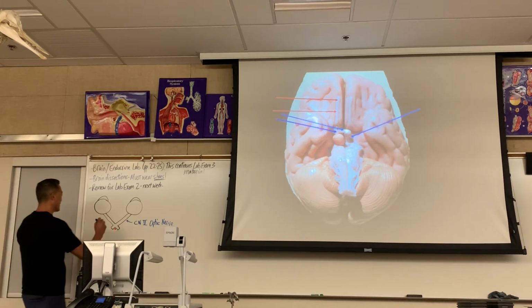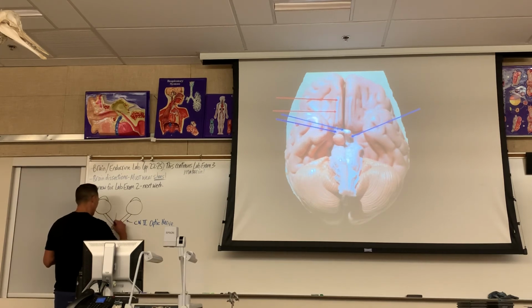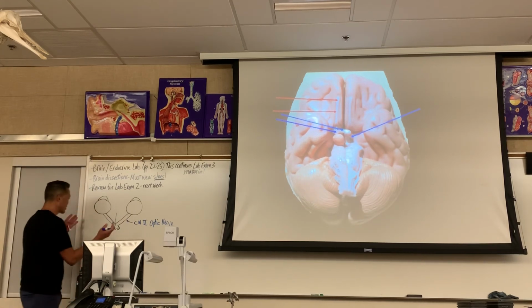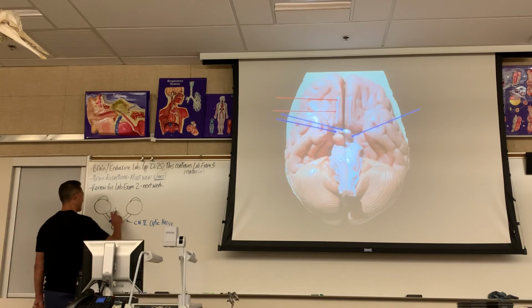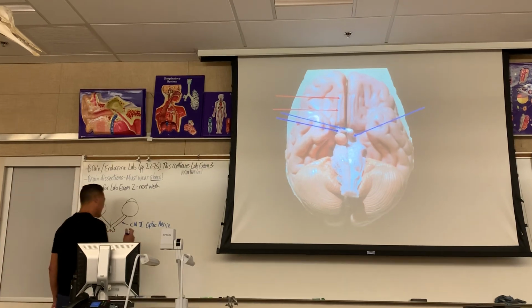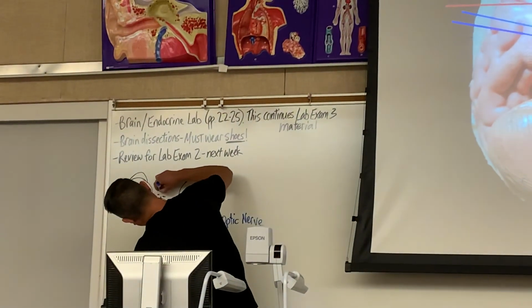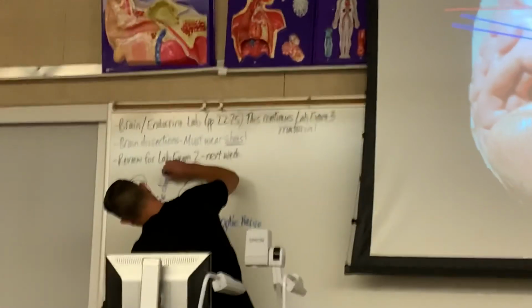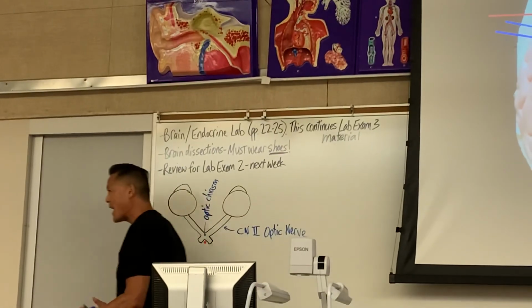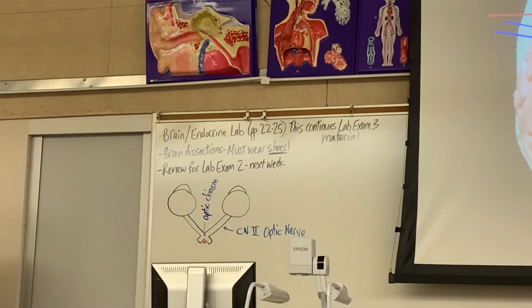The middle of the X, some of the axons are crossing left to right. What's the word for crossing left to right? Something with a D. Decussation. Right in the middle of the X is the optic chiasm. It's on the midline.